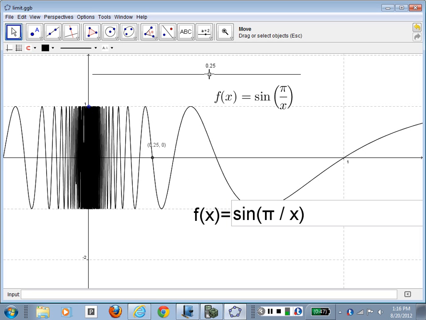So pi over 1/4 is 4 pi, so the sine of 4 pi. So if we look at x-intercepts of this graph, I think they're kind of interesting. 1, 1/2, 1/3, 1/4, would you believe 1/5, 1/6, 1/7, 1/8, 1/9, 1/10? How many x-intercepts does this thing have between there and 0?